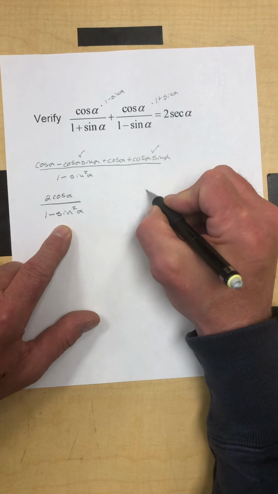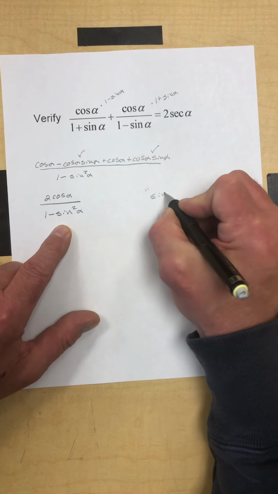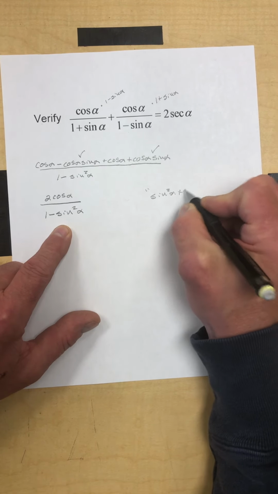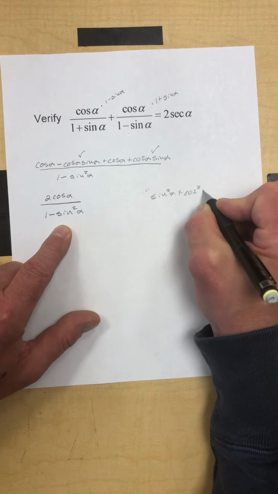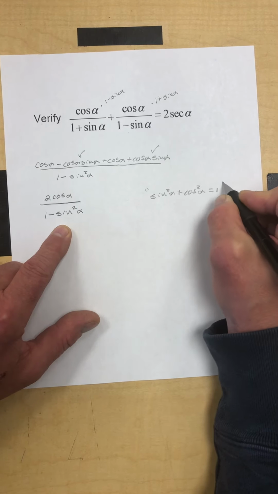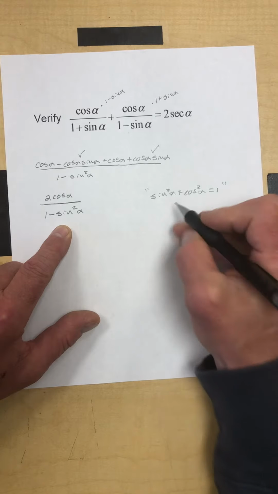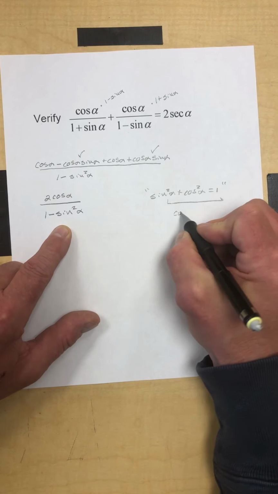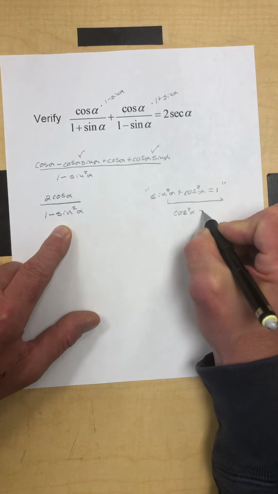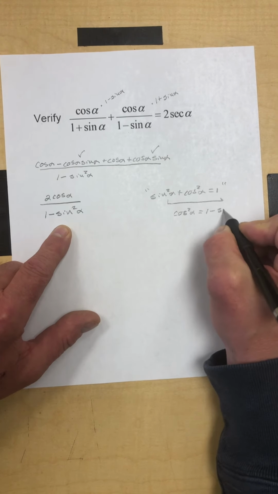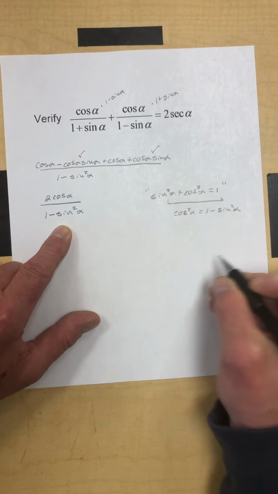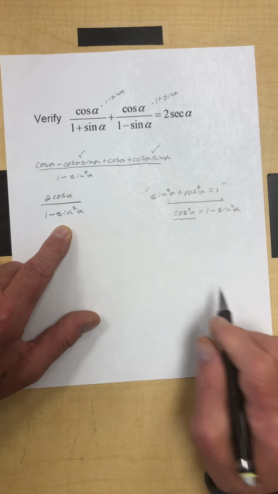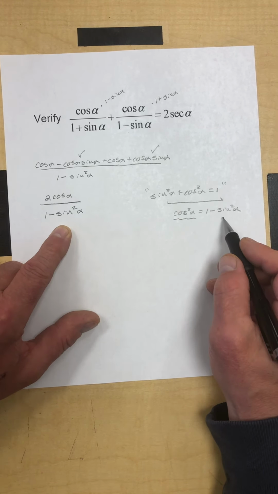I am thinking my Pythagorean identity, sine squared of alpha plus cosine squared of alpha equals 1. And I need 1 minus sine, so that means I have to move this guy over. Okay, so I would get cosine squared of alpha equals 1 minus sine squared of alpha. So that means I can substitute cosine squared of alpha in for this.